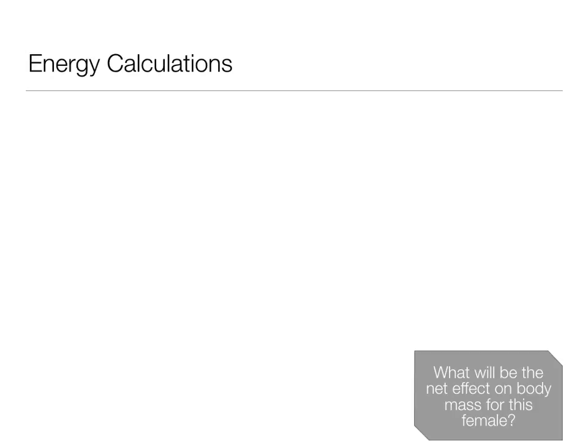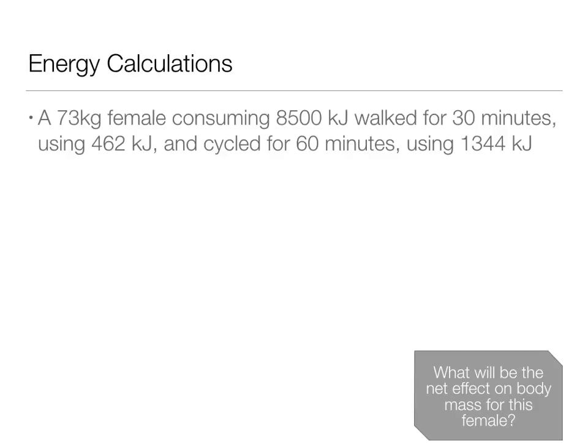Overall energy calculations, which you would be expected to be able to do, would involve looking at the energy intake of an individual and comparing it to energy expenditure to see what the net effect of the energy balance would be. So for example, a 73 kilogram female consuming 8,500 kilojoules walked for 30 minutes, using 462 kilojoules, and cycled for 60 minutes using 1,344 kilojoules on a particular day.